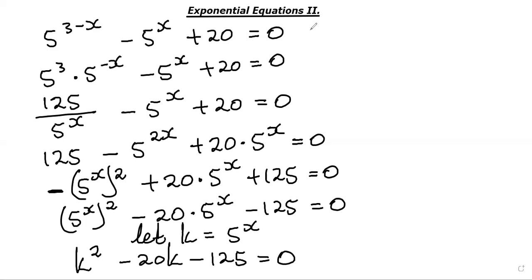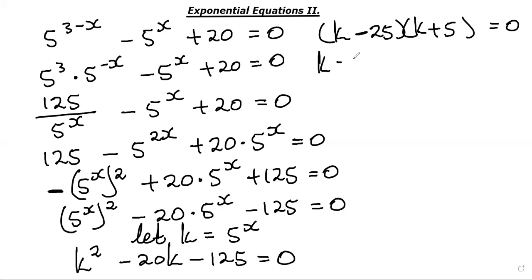Fine. Then we factorize this quadratic equation by opening two brackets. Factors of k squared, it's k and k, and then factors of 125 that add up to 20. It's going to be 25 and 5. Then the bigger number takes the sign of the middle term, and this one has to be positive.